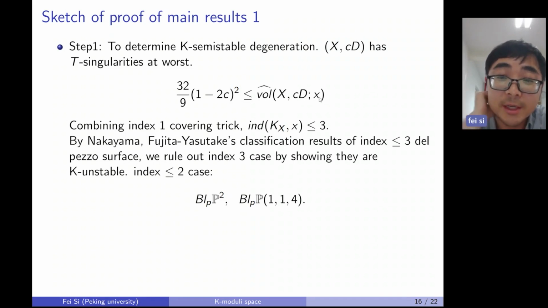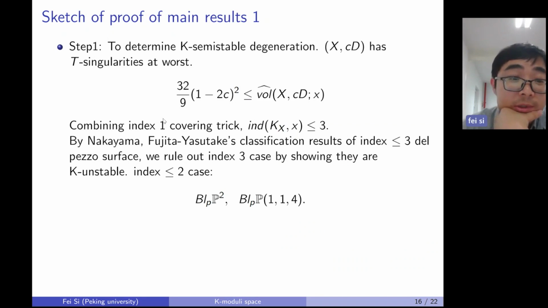If the singularity is better, then you can almost determine which kind of surface it is. So we use the index 1 covering trick. We prove that our surface has index smaller than 3.